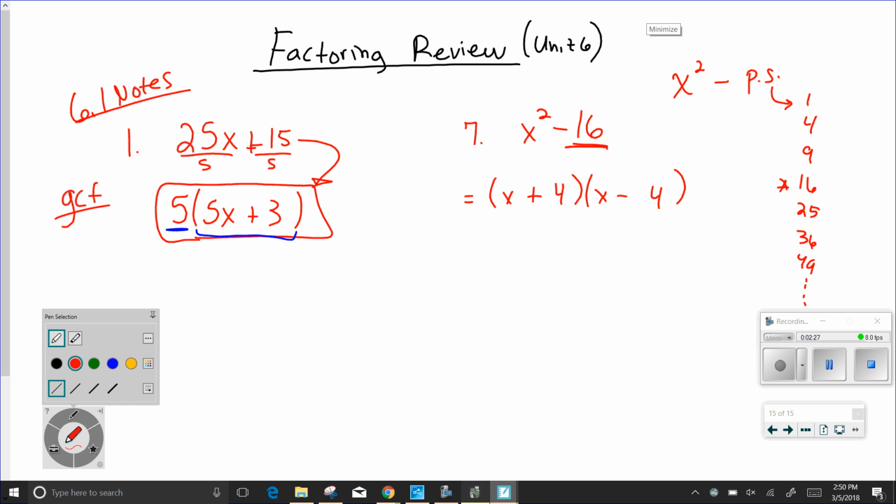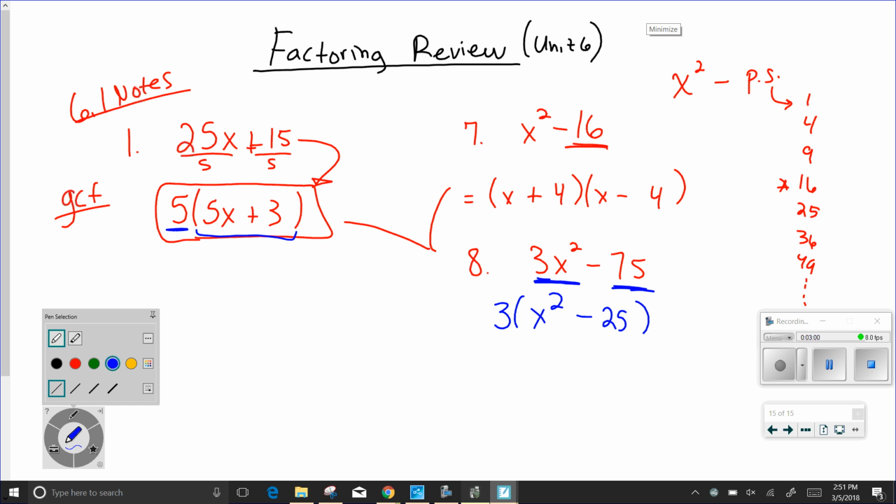To give you another look at a problem like number 7 is number 8, 3x squared minus 75. Now this problem actually combines together both of these concepts, because the first thing you're going to do here is factor out the greatest common factor, and then you're going to have a special case. Because right now I have x squared minus, but 75 is not a perfect square. But between both of these terms, we can factor a 3 out, and what we're left with is x squared minus 25.